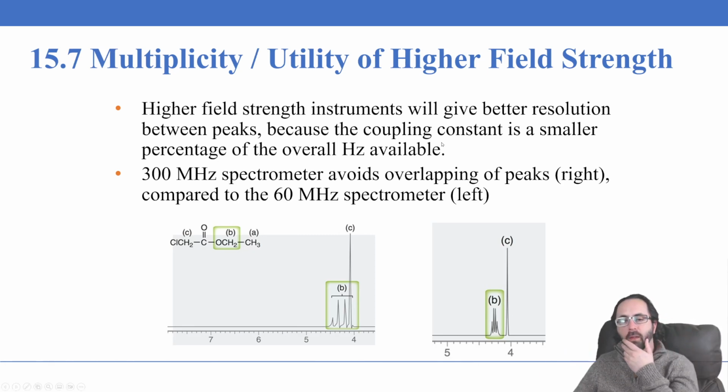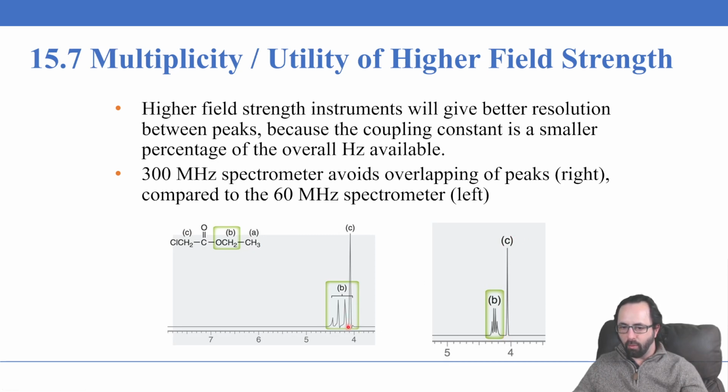The J coupling has a certain number of hertz that it represents or spreads out over. Well, when you have a higher field strength spectrometer, a chemical shift corresponds to a greater number of hertz. For example, these both have the same chemical shift.